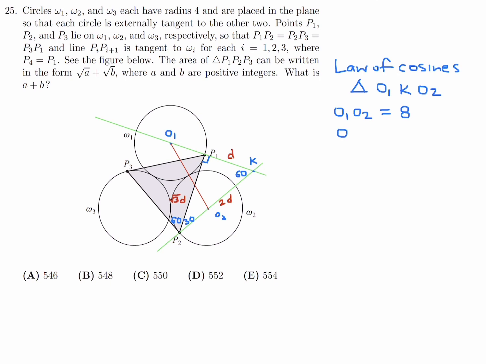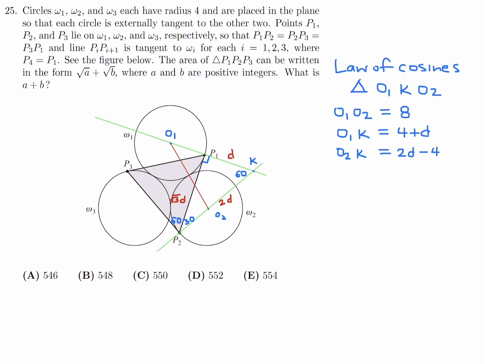The next side of that triangle, O1 to K, well, from here to here is the radius, which is 4, and from here to here is D, so it's 4 plus D. And then the other side, which is O2K, this whole distance from there to there is 2D, and this distance is 4, so it would be 2D minus 4.